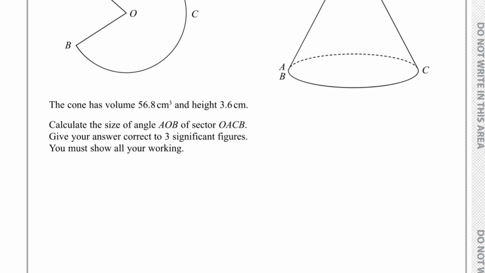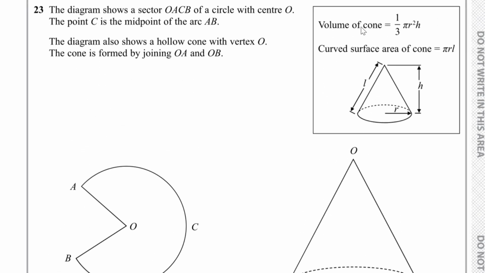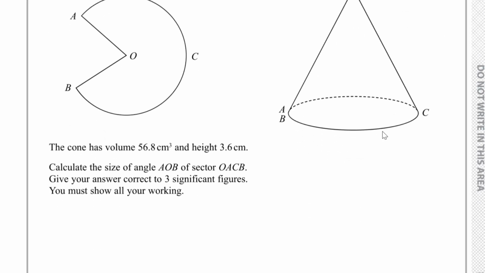Okay, so what can we do? Well, we've been given the volume, we've been given the height. So from this we can find the radius of the cone. So we've got 56.8 equals 1/3 times pi times r squared times 3.6.